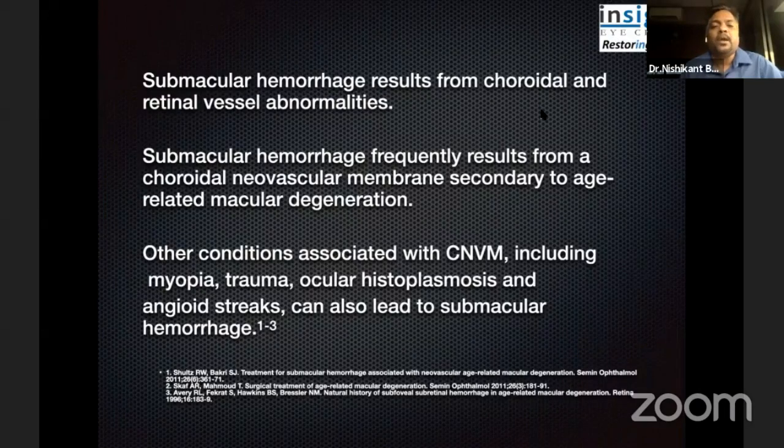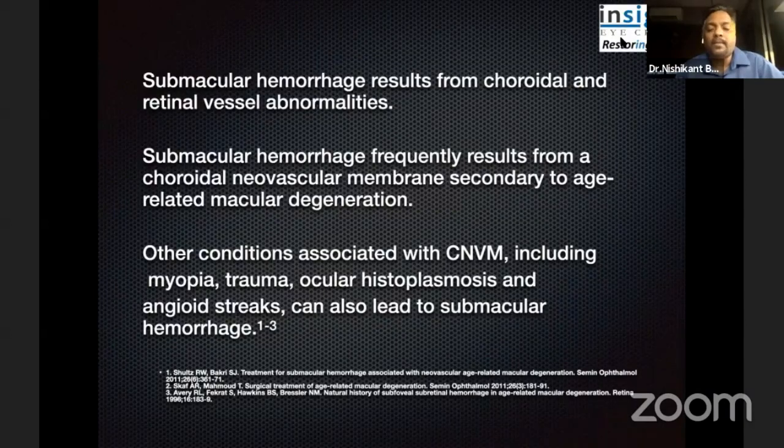It is most commonly seen in neovascular age-related macular degeneration, or commonly in PCVs that we see. Conditions associated with it, including myopia, trauma, ocular histoplasmosis, and angioid streaks, can also lead to submacular hemorrhage.